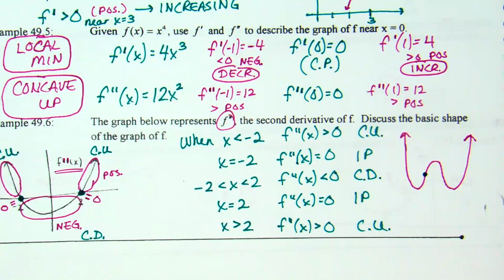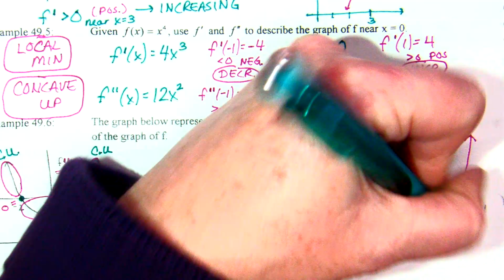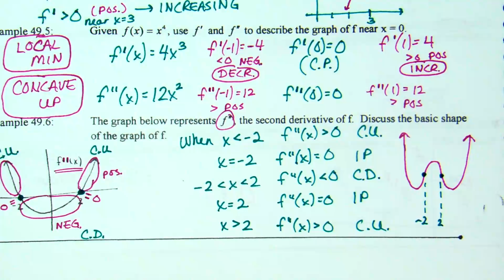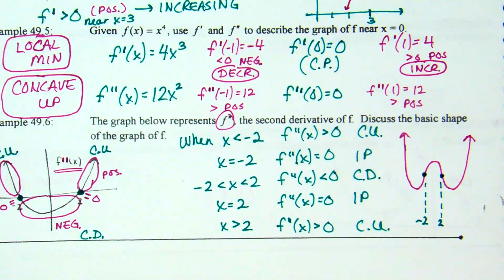So that would be an example of where negative 2 might be. And it's concave down. At some point over here, it changes again to concave up. And that would be an example of where 2 could be. Okay? Questions there?